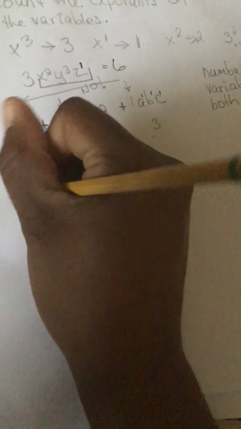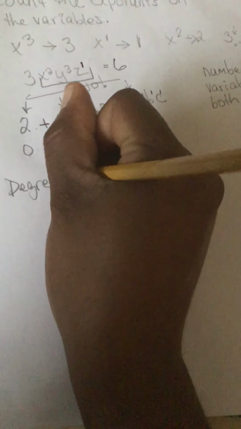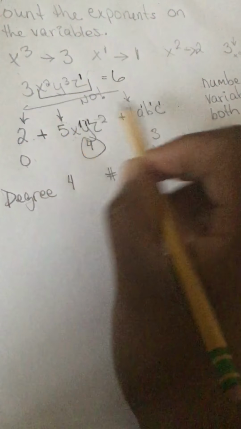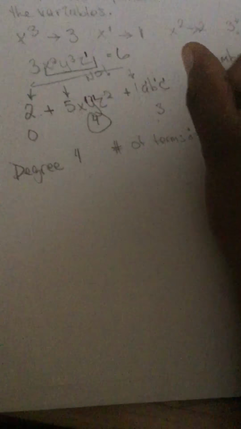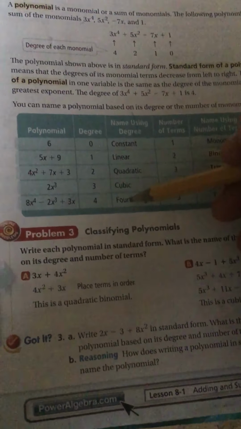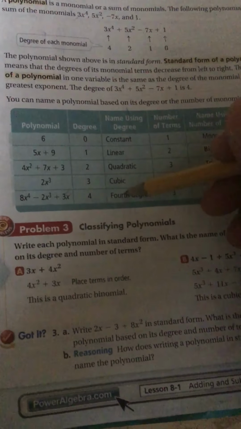So my degree is 4. And then the number of terms, well, I already said that I have 1, 2, 3 terms. So that's 3. So now I look at the table, and remember you have your flip chart. So I look at the table that's here. If it's a 4th degree, it said for 4 or more, I just put the number with a th and then degree.